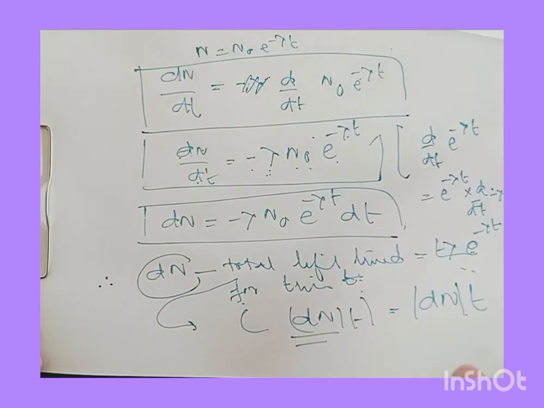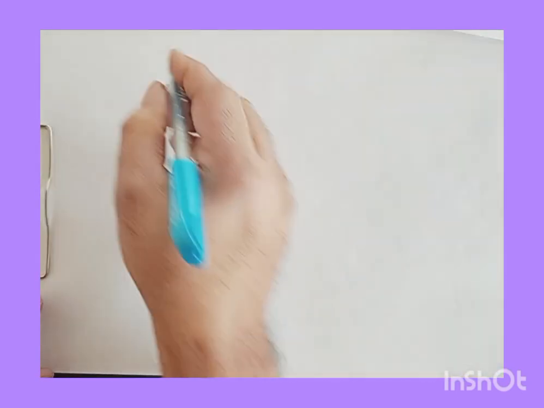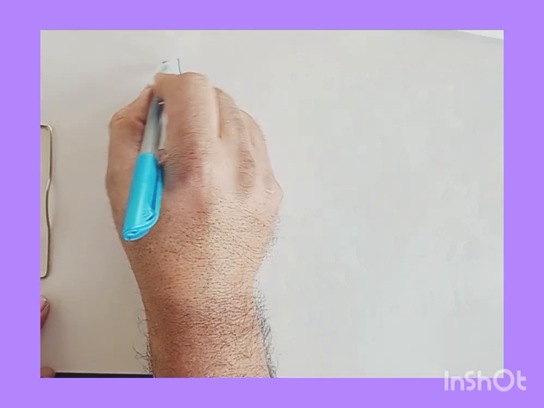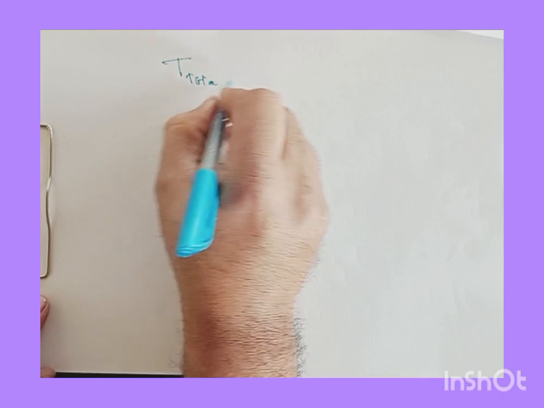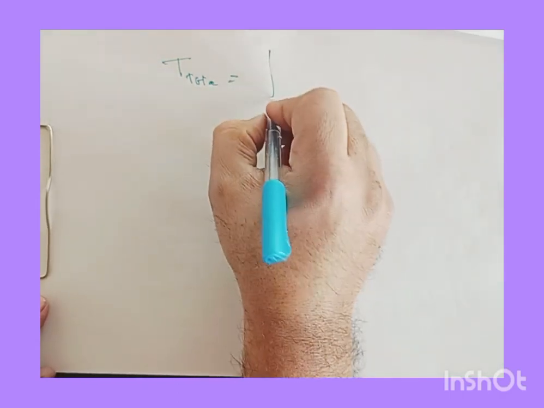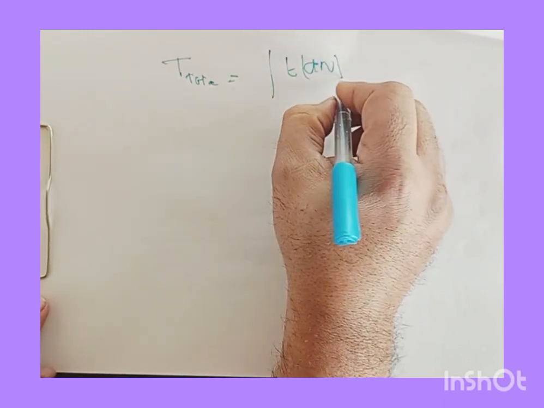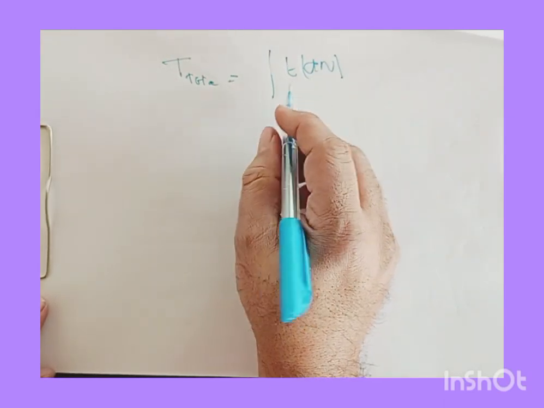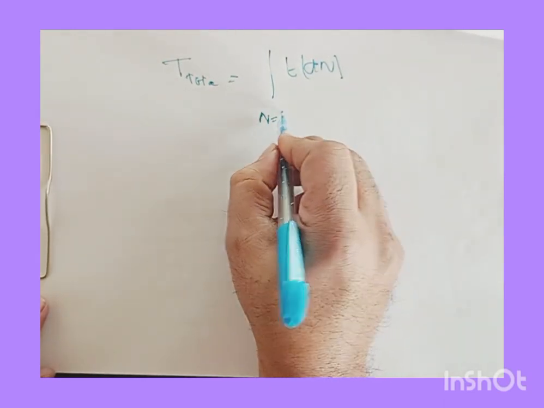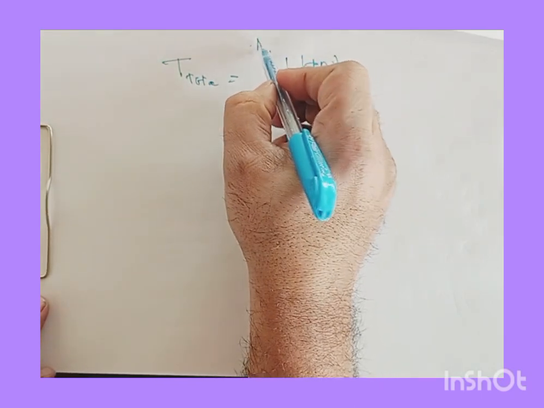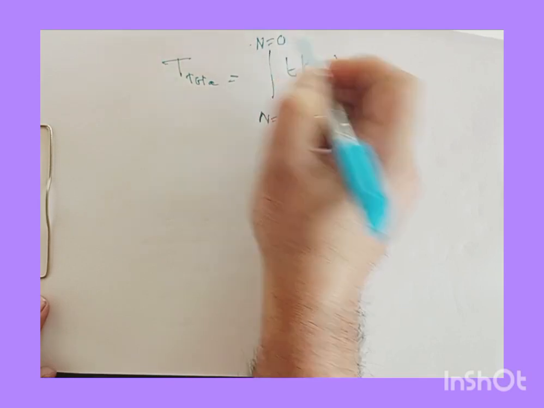In order to get the total time, I would like to integrate that equation. Mathematically, T total will be the integration of t dN. The limits of integration start at N equal to N0 and end at N equal to 0.